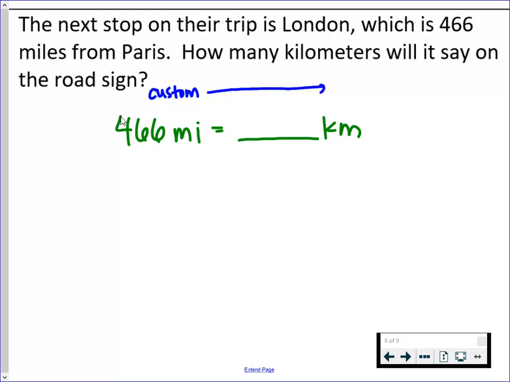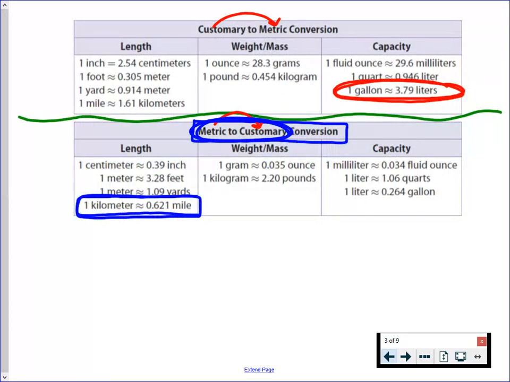Customary to metric. Back to my chart. Customary to metric.